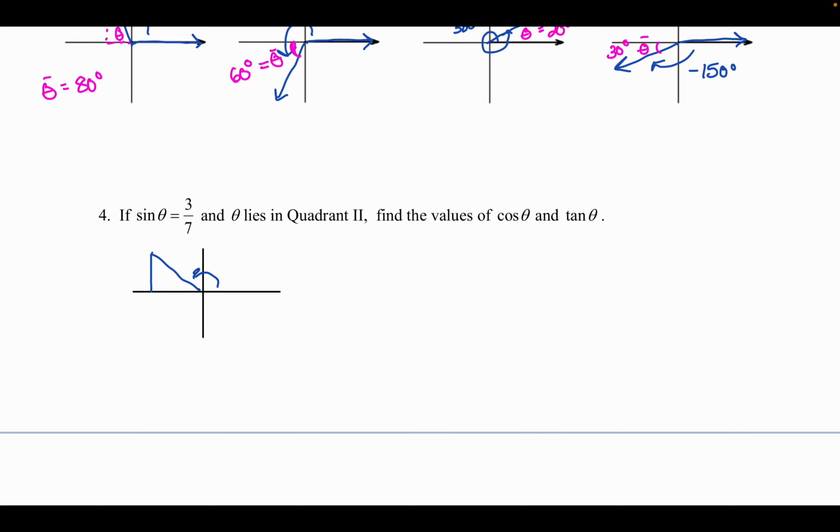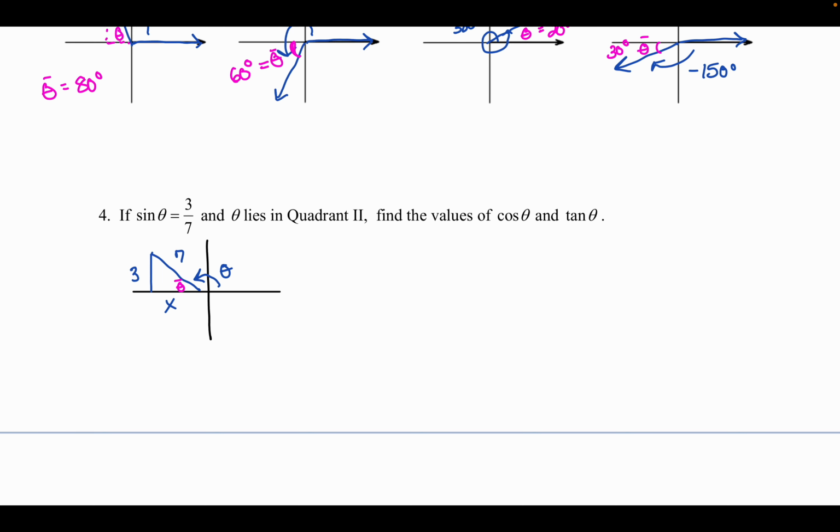So this is theta, but I'm going to use my reference angle here. Sine is opposite over hypotenuse, so it's 3 and 7 here. We need to figure out what our x value is. So here you can use just Pythagorean theorem. That's how you find it.